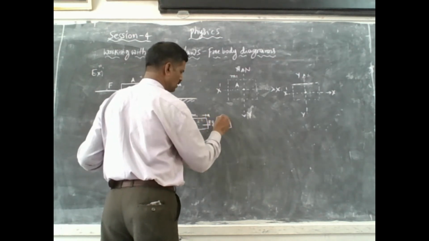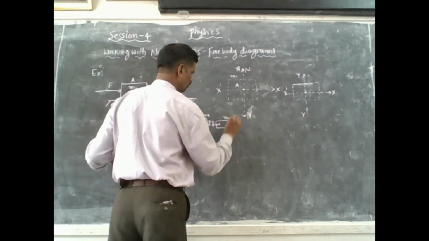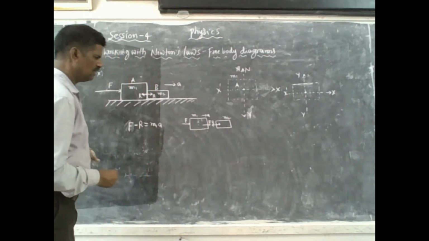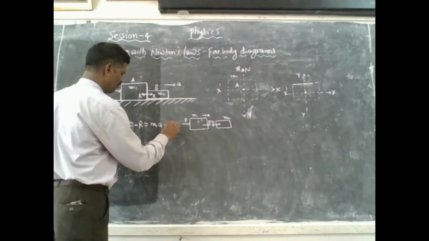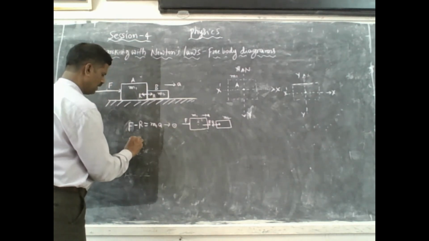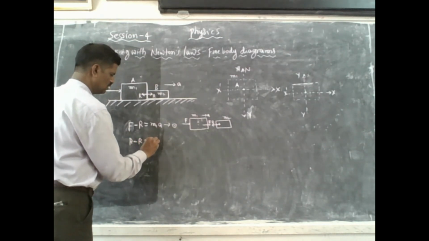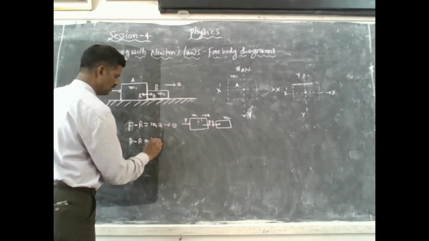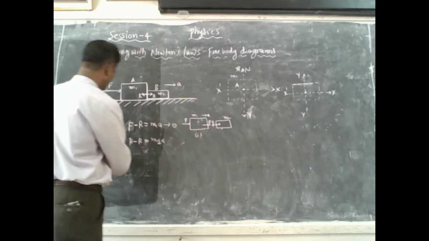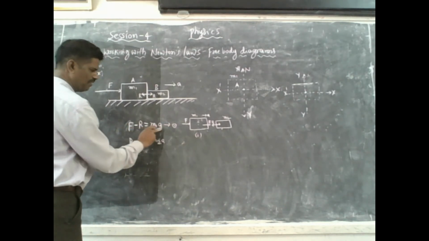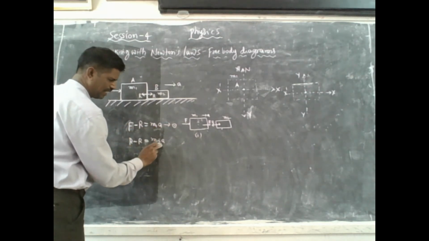M1, here also M2, isn't it? So therefore, this is equation number 1 and R equals M2 a. For body 2, body 1, so this is the free body diagram for body 1 and this is the free body diagram for body 2.